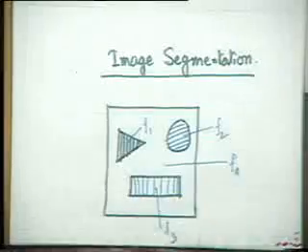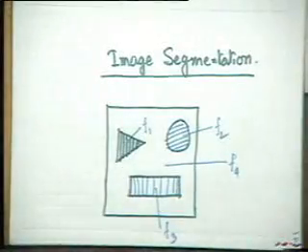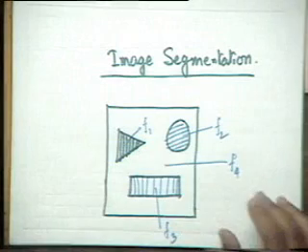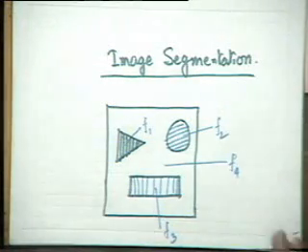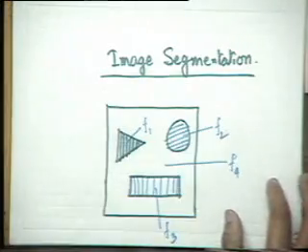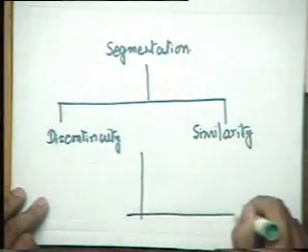Very similarly for f2, for f3, and for the background f4, you can detect the partitions based on similarities in the gray level values. For that, the approach which we normally adopt is that we can find the histogram of an image. Let us say we form a histogram.